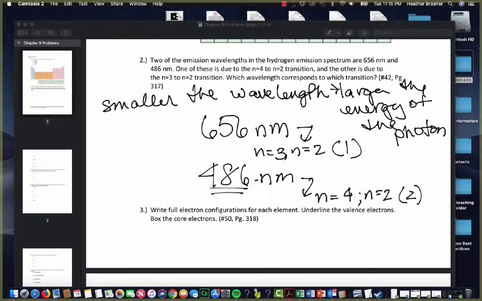So the 656 nanometers is going to be associated with the n equals 3 to n equals 2 transition, where the 486 wavelength corresponds to the n equals 4 to n equals 2. The big thing about this is just look at which one of these is smaller, and it's going to go to the larger transition.